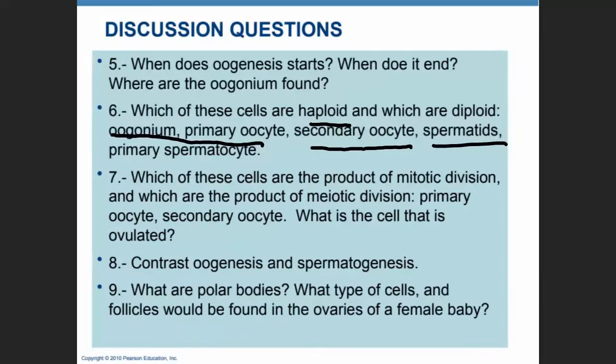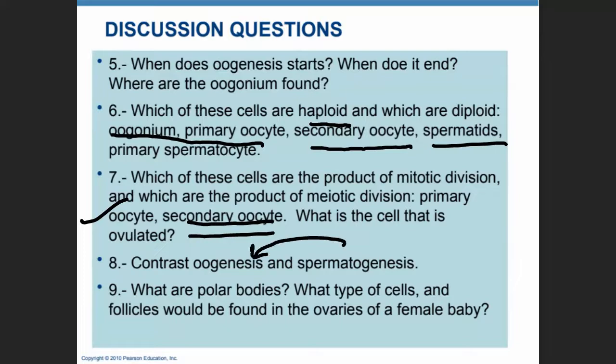Primary spermatocyte will be the same as the primary oocyte, it will be diploid. Which of these cells are the product of mitotic division and which are the product of meiotic division? Primary oocyte is mitotic, secondary is meiotic. The cell that is ovulated is the secondary oocyte.